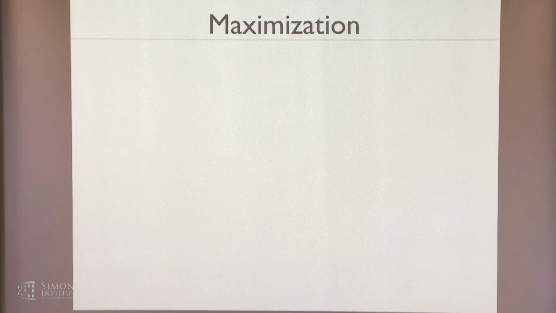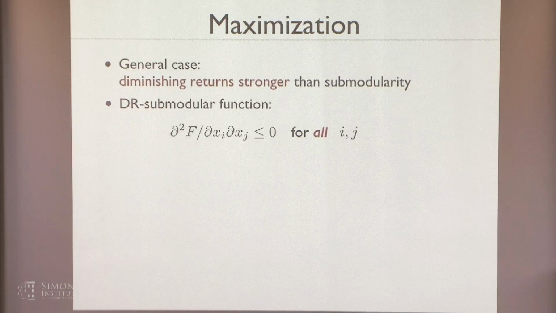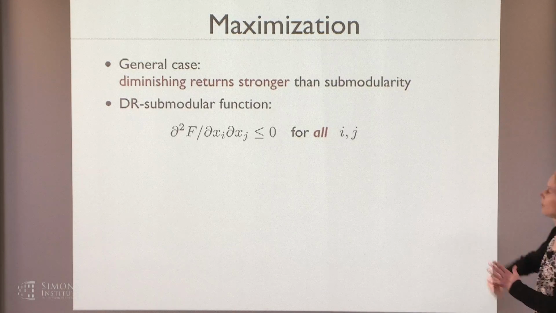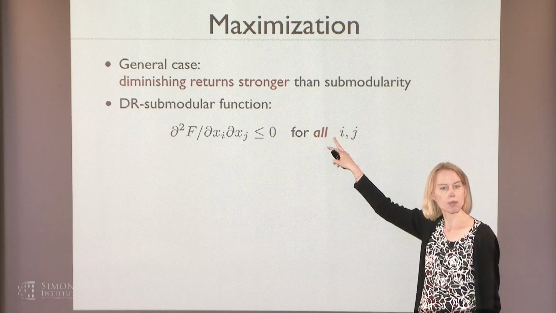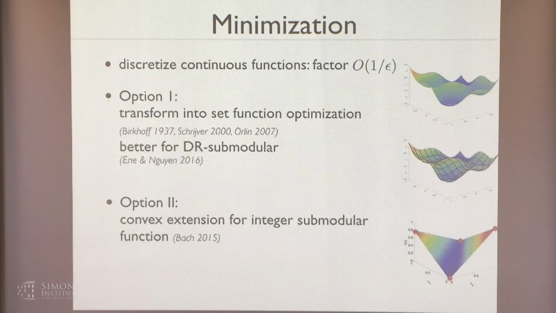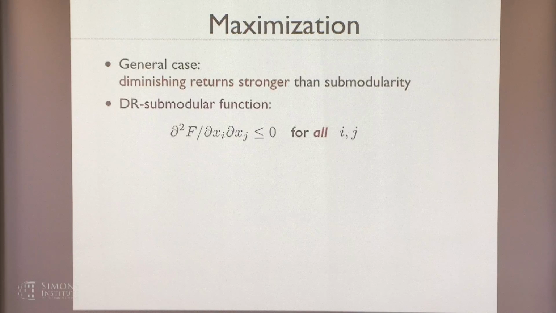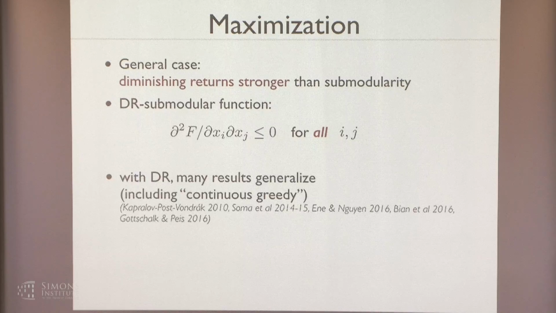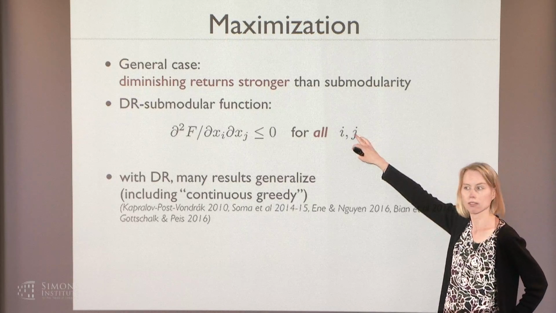It's slightly stronger, but if you have it, so essentially if you think about this negative Hessian condition, all of the entries of the Hessian have to be negative. And then it works. And in that case, you can pretty much generalize most of the maximization results. In particular, this continuous greedy method that I mentioned actually just relied on this condition of the multilinear extension.